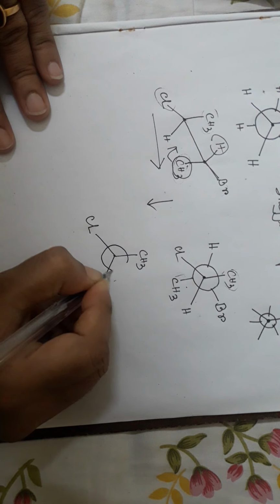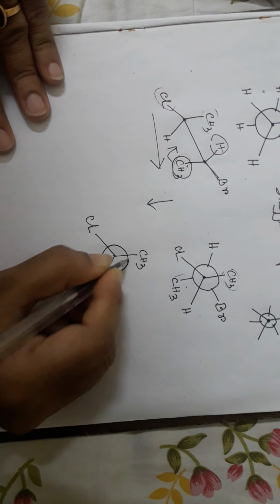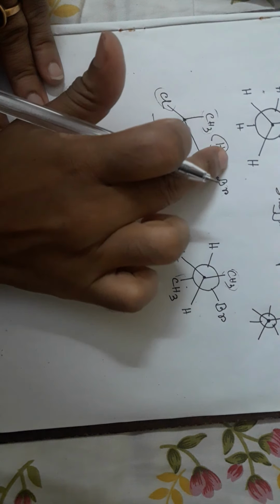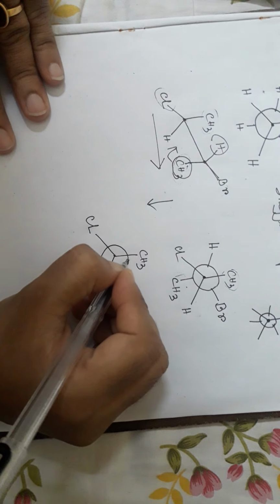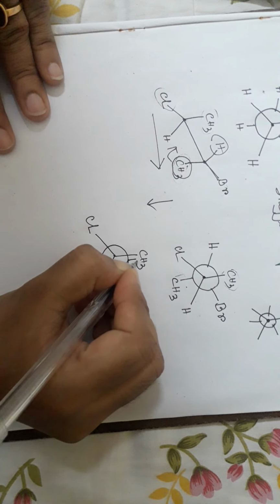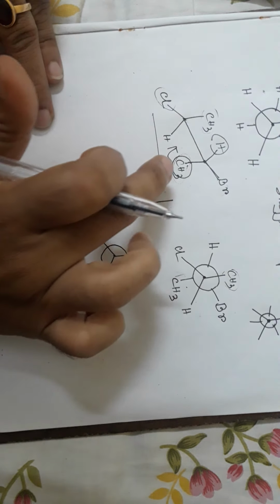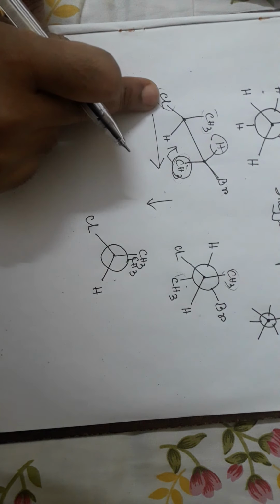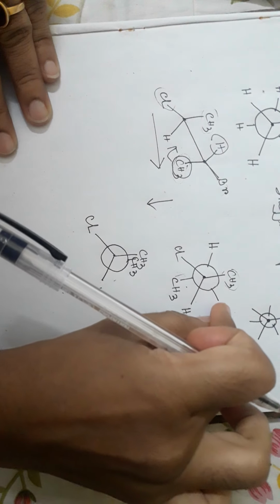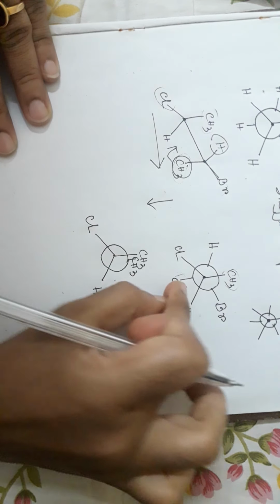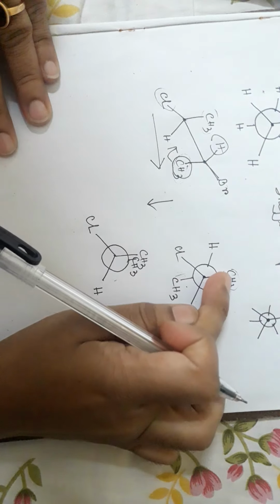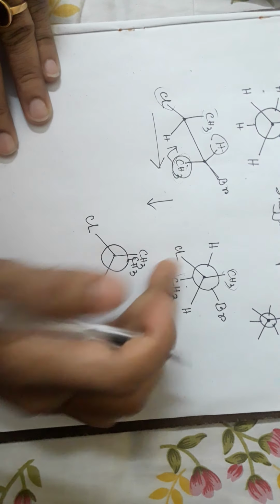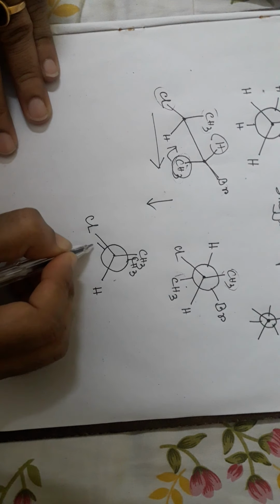So this is our back carbon and the CH3 I have brought it here just behind the CH3. So new position of the CH3 will be here, right? And the bromine will be just beside the Cl. This bromine will be, as this CH3 will become over here, so that bromine will be coming over here beside the Cl.